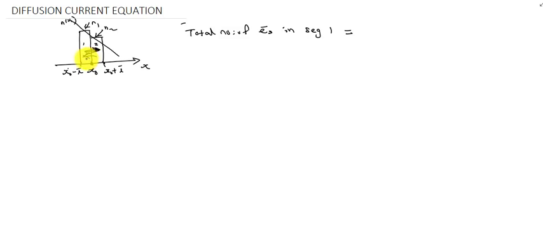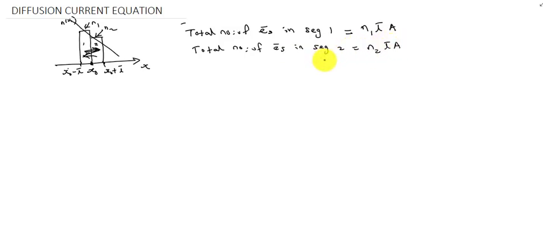There is equal probability of moving from left to right and from right to left. So the total number of electrons in segment 1 can be written as n1 into L bar into A. Similarly, the total number of electrons in segment 2 can be written as n2 into L bar into A.